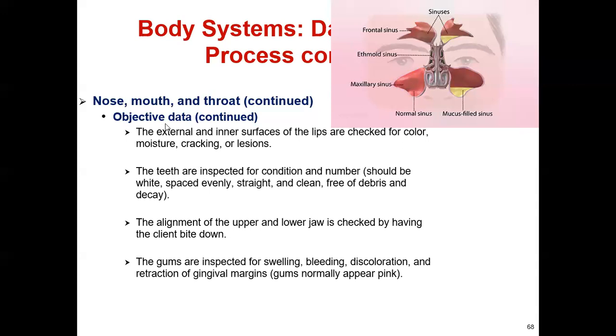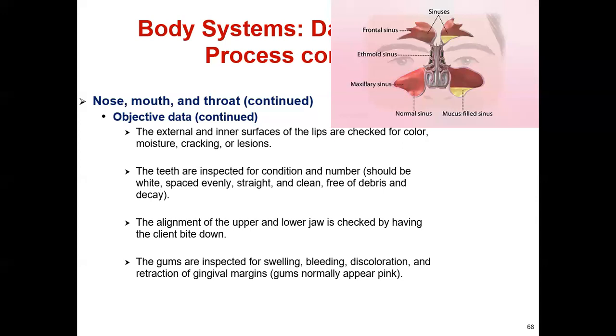What are the objective data? The external and inner surface of the lips are checked for color, moisture, cracking, or any kind of disorder. Also, the teeth are inspected for condition and number, and they should be white, straight, and clear.